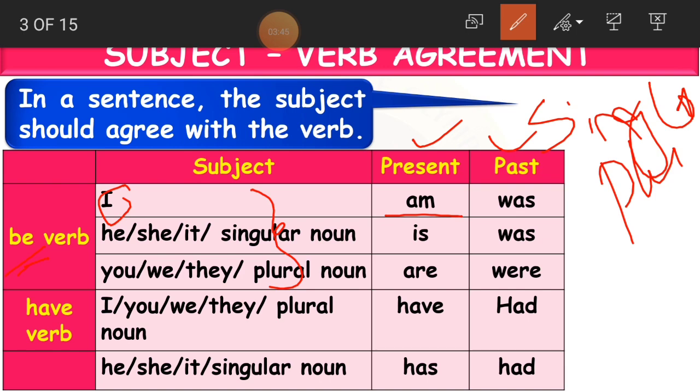If the sentence is in the past tense, this am becomes was. So am is the verb, and the same verb becomes was if the sentence is in past tense.